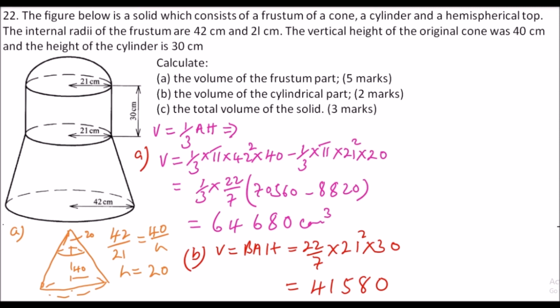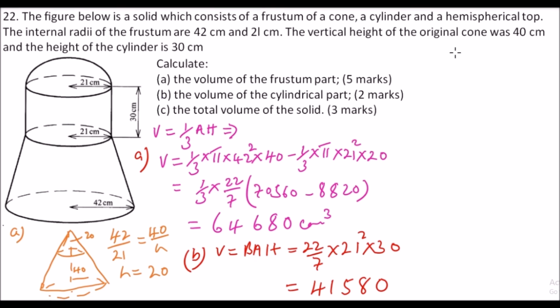And then finally you are required to get the total volume. Before that, we will need to calculate the volume of the hemisphere. The volume of the hemisphere is a half. The formula for finding the volume of a sphere is 4 over 3 pi r cubed.